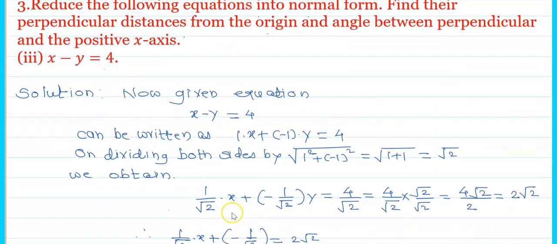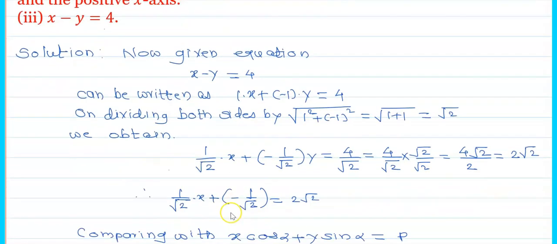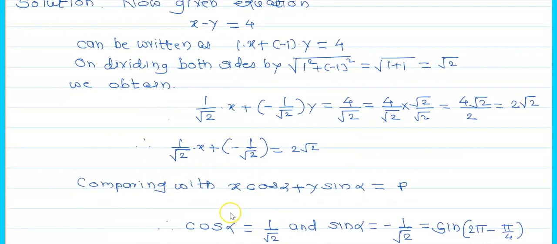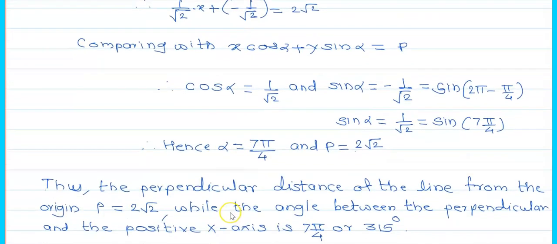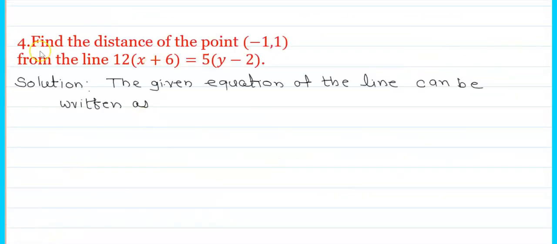Again, you can see how the problem is solved. Now the problem number 4. Find the distance of the point -1, 1 from the line 12 in bracket x plus 6 is equals to 5 in bracket y minus 2.